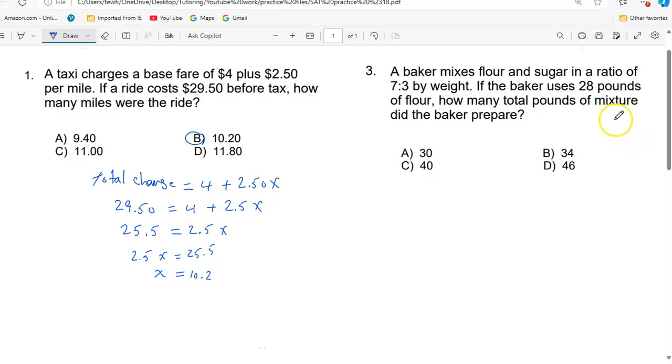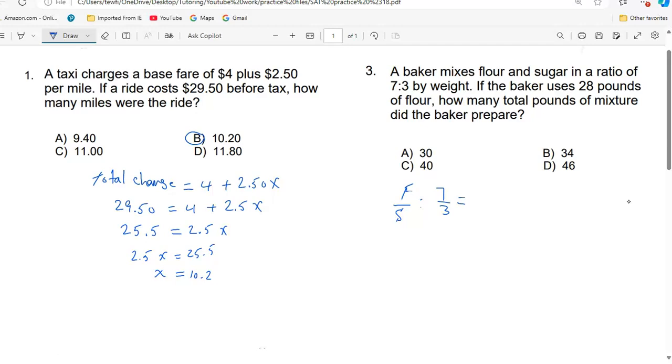To answer this question, let's find out how much sugar he's going to use. We know he's using 28 pounds of flour. So first let's put the ratio. The ratio of flour to sugar is 7/3.